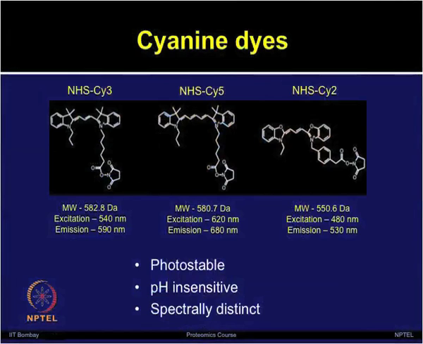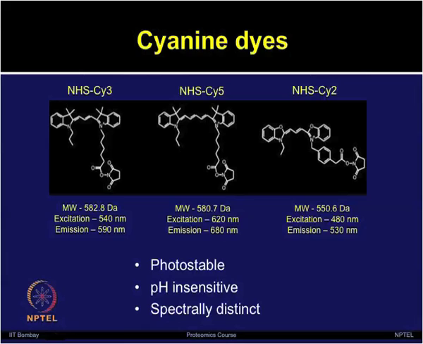Now, in the DIGE technology, those cyanine dyes are used. There are three different Cy dyes, as I mentioned: Cy3, Cy5 and Cy2. The excitation and emission wavelengths of these three are defined.